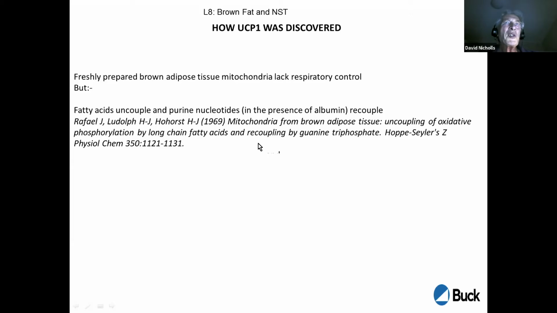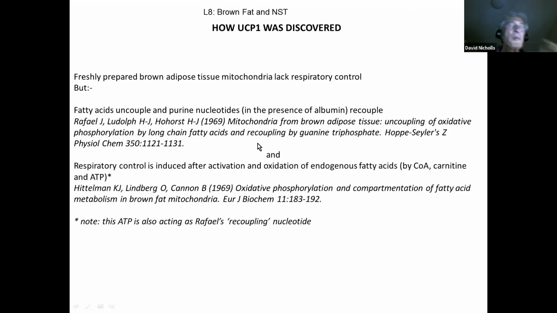Now, more or less at the same time, another group in Stockholm, the Lindberg group, were again looking at fatty acid oxidation in brown fat mitochondria, and found that if, instead of adding albumin, you activated and oxidized away the fatty acids with CoA to form acyl-CoA, and carnitine to get it into the mitochondria, and you also need ATP for the fatty acid activation, once the fatty acids were oxidized away, the mitochondria showed respiratory control.